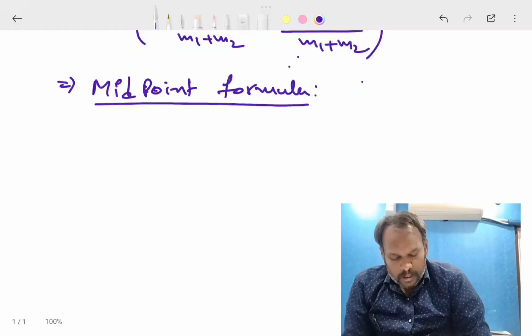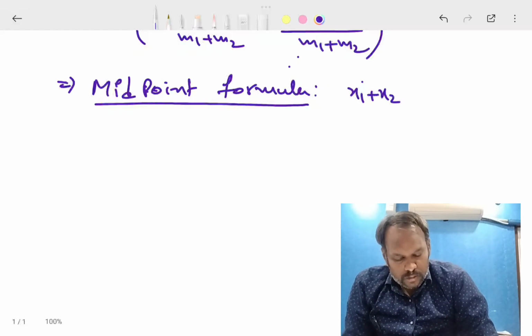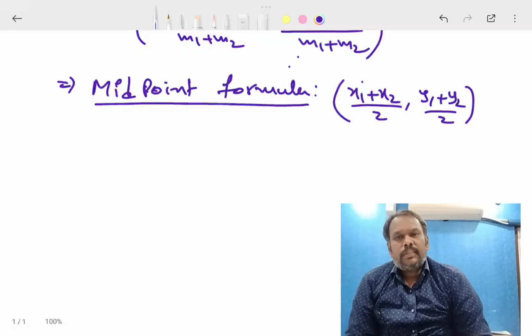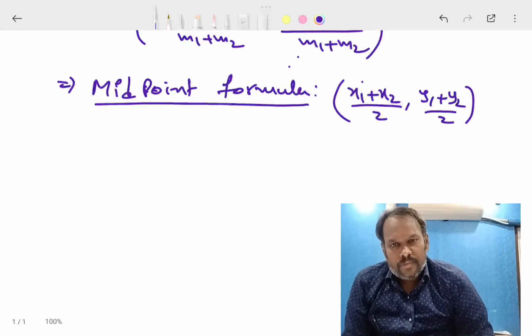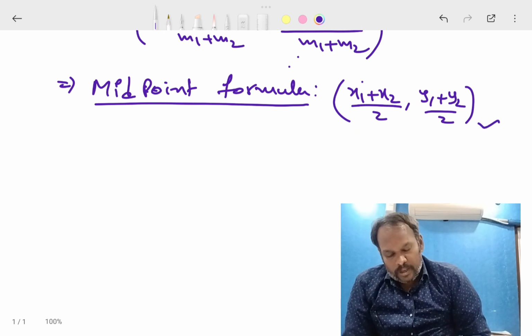Midpoint formula is nothing but (x1 plus x2) by 2, (y1 plus y2) by 2. It divides equally. In the section formula, divides equally means 1:1 ratio, then you will get the midpoint formula.